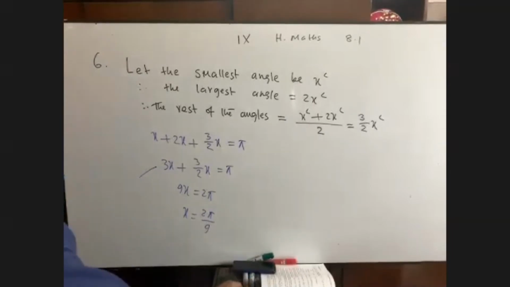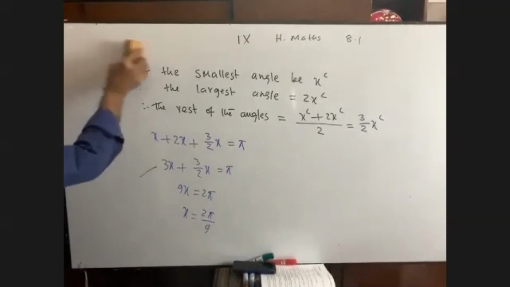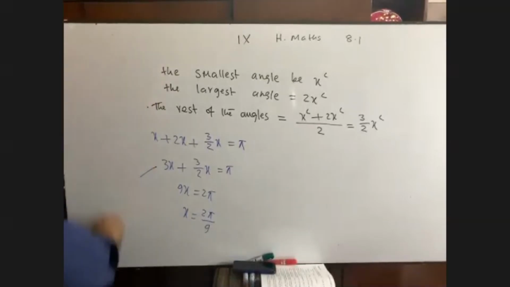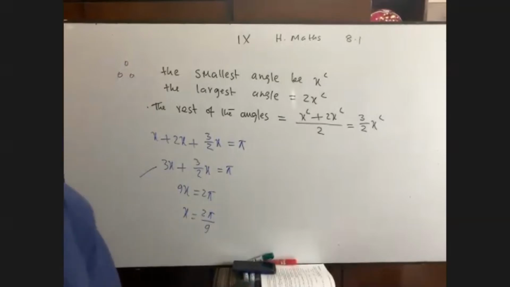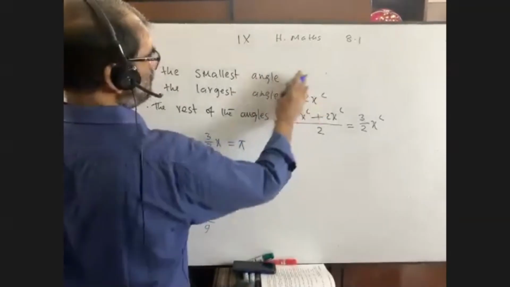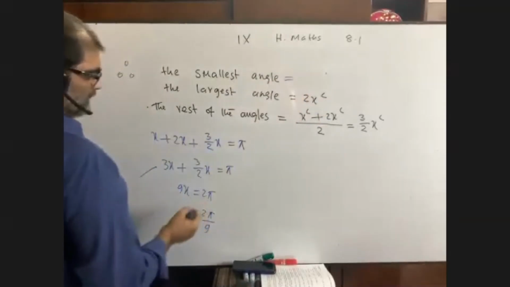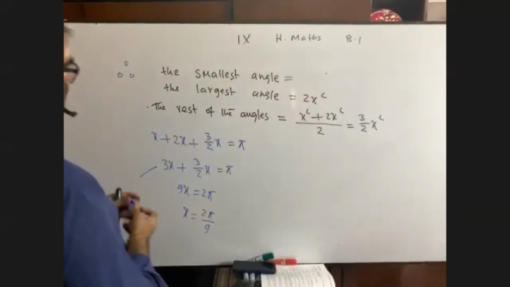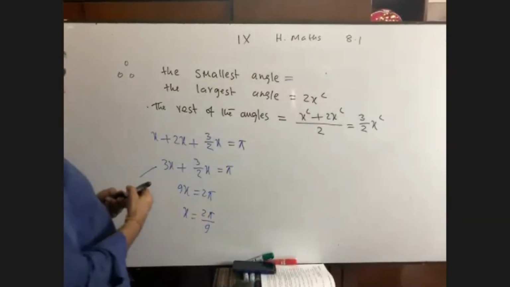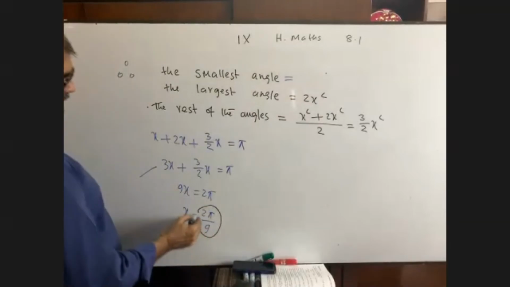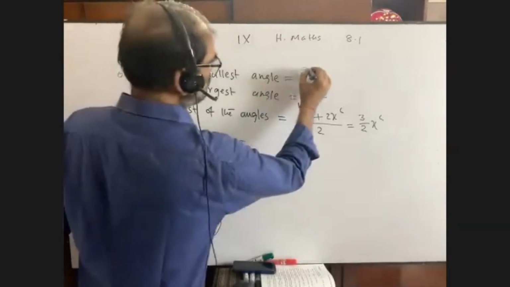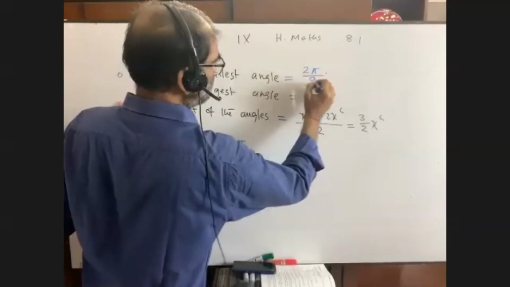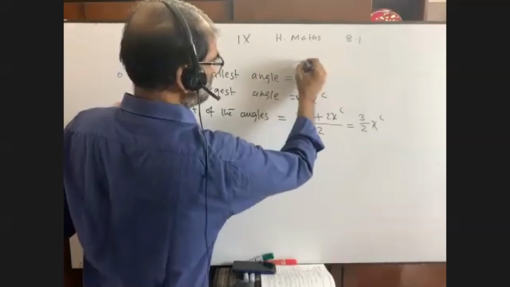Then what will we do? You write down, therefore, the smallest angle equals x radian. X radian means what? The smallest angle was written as x radian. X equals what? 2 pi by 9. So we can write here 2 pi by 9 radian.